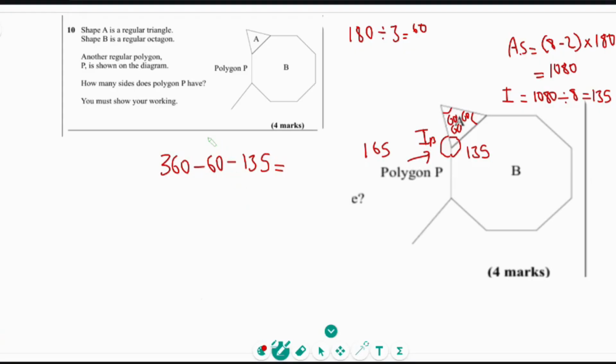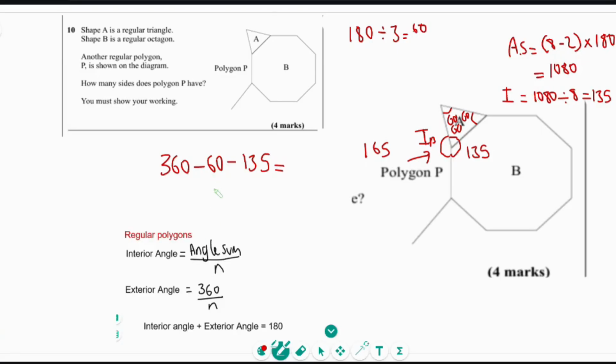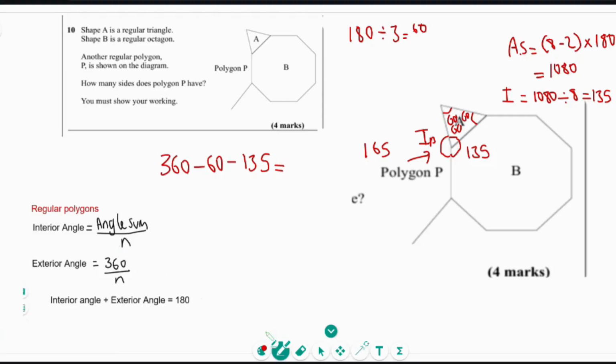But to find the number of sides for polygon P, can't see the rest of it, how many sides it has, that's what we need to work out. But we need an exterior angle, so let me bring the formulas over. For this formula here, which can be rearranged to find n from the exterior angle, we need the exterior angle first.